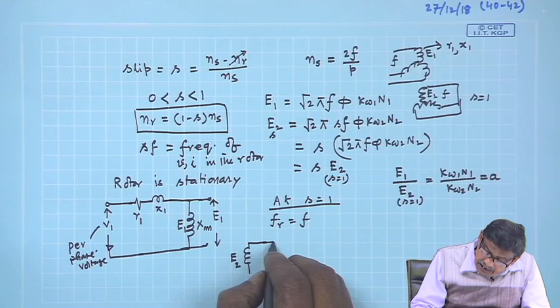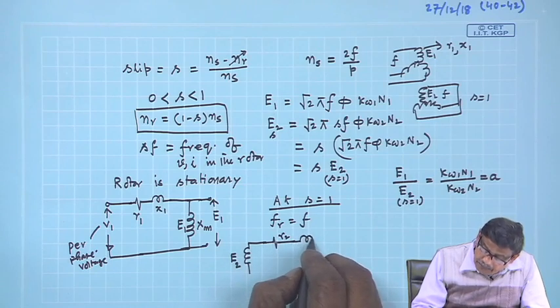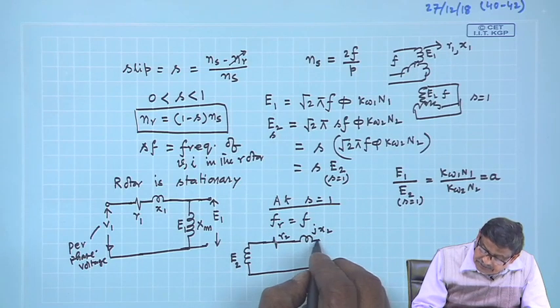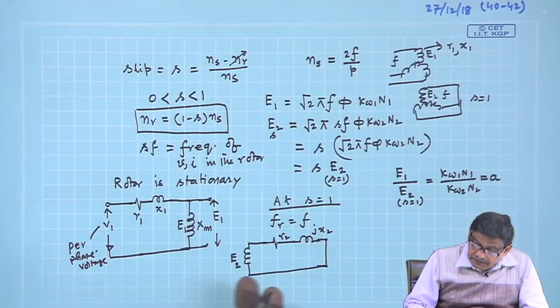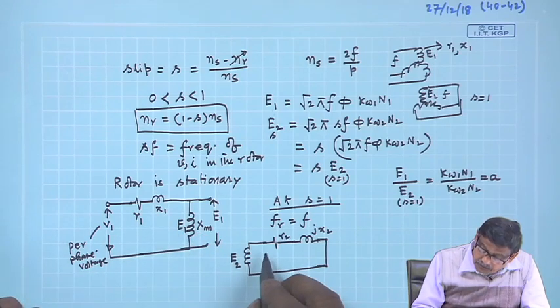Therefore, it will have the winding resistance R2, and it will have a leakage reactance X2, and this is shorted. This will be the equivalent circuit of the transformer at S equal to 1.